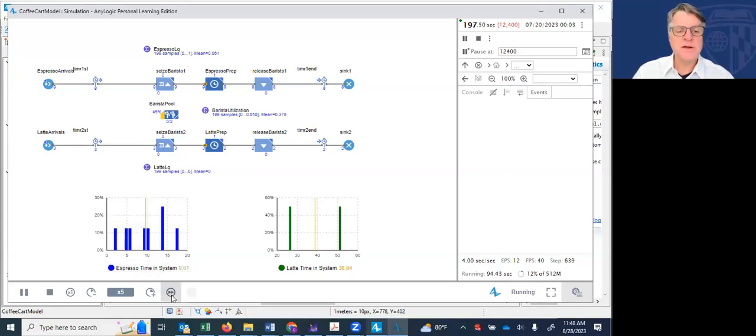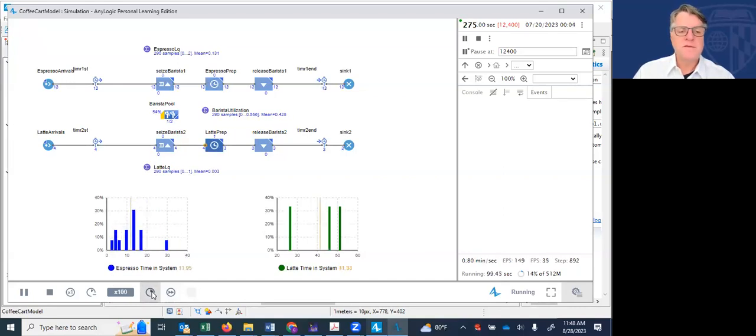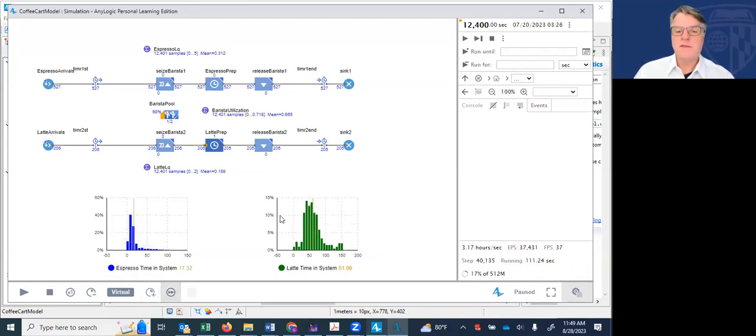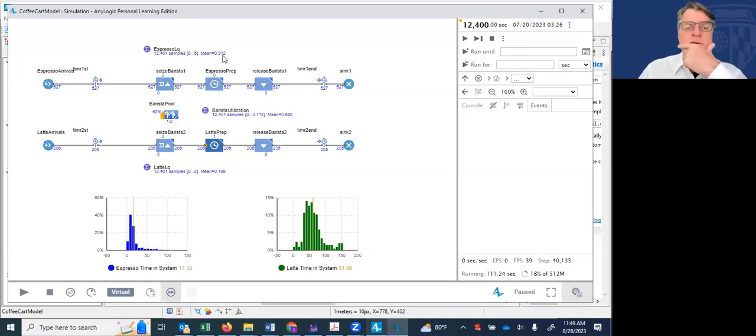Right, so let's crank it right up and start to get some better estimates here. 13, 14 seconds, 54 seconds, 50% utilized, 55, going up. And I'll just run it all the way to completion now. All right, and there's your first run. The queue length is about 0.3 customers on average. Oh, it's a very short line, 0.18 here.